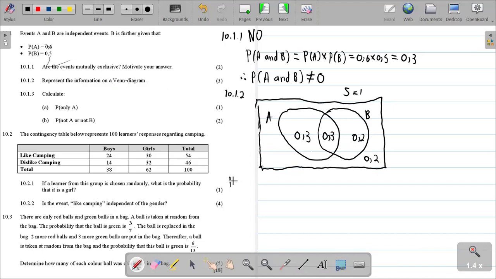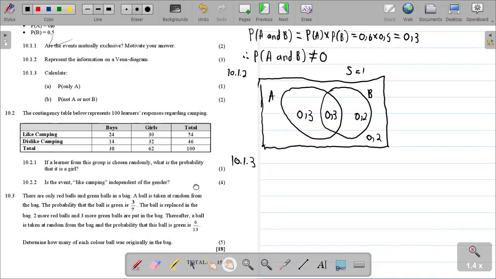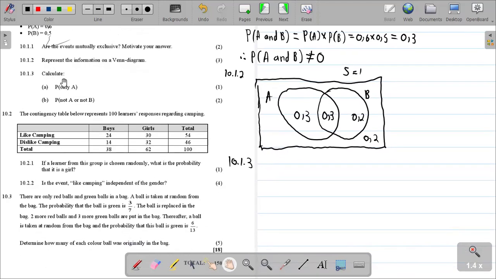And then 10.1.3, they say calculate the probability of only A. So the probability of only A this side. Okay?